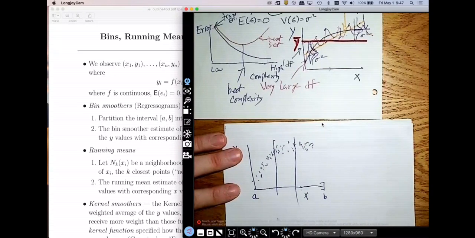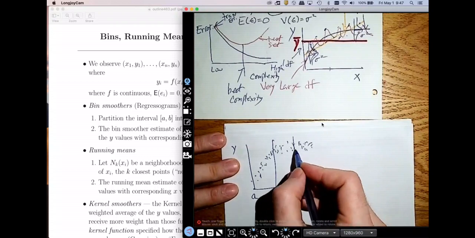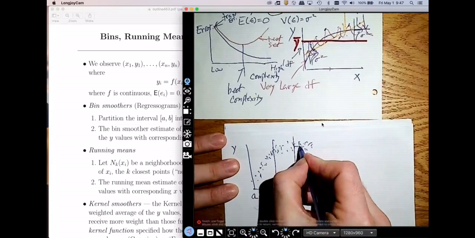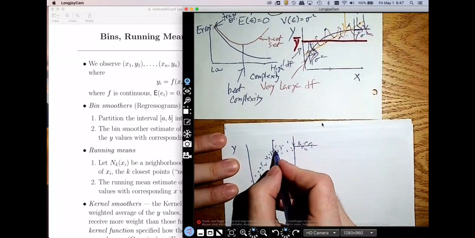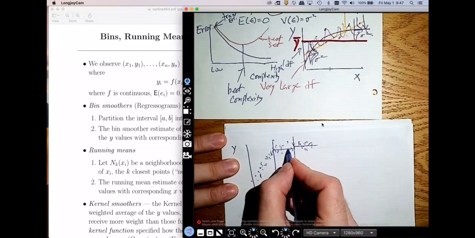And what do we do next? So that's step one of this bin smoother. Step two is your estimate of f is going to be the average of the y values. So I have to find the average of all these y values, and I think it's going to be about here. Then I have to find the average of all the y values here, and I think it's about that value.